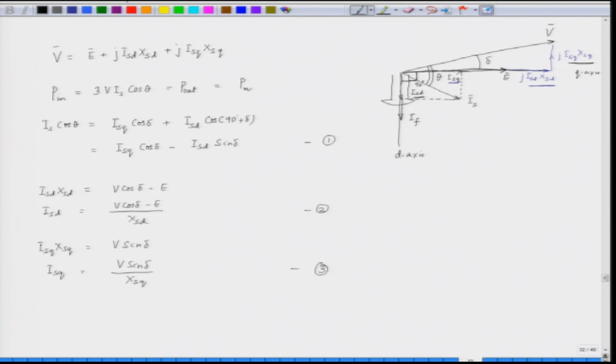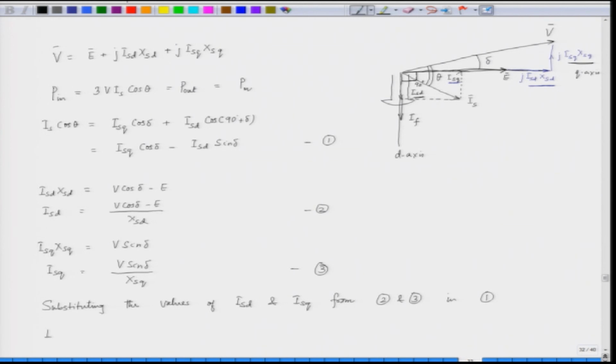So, the values of Isd and Isq from equation 2 and 3 can be substituted in equation 1. Substituting the values of Isd and Isq from equation 2 and 3 in equation 1, what we get is the following.